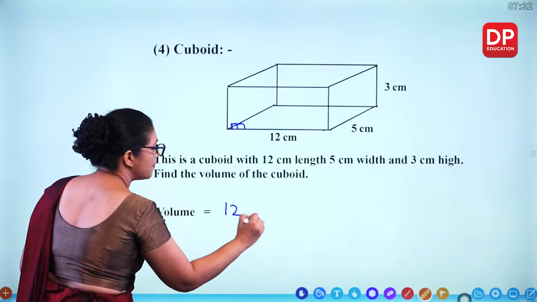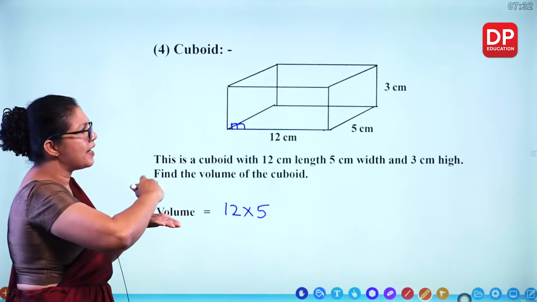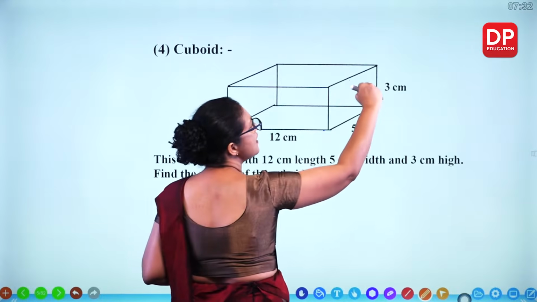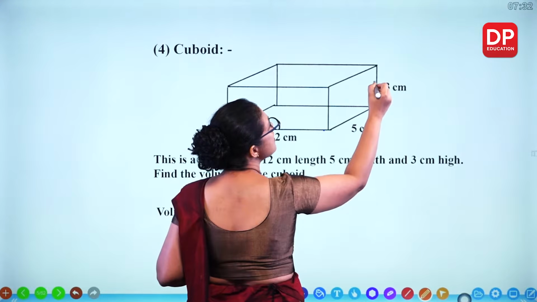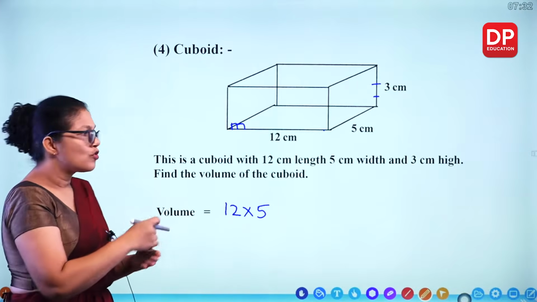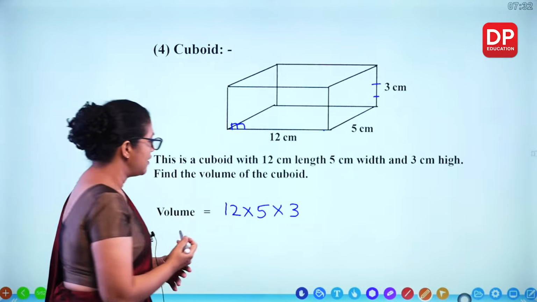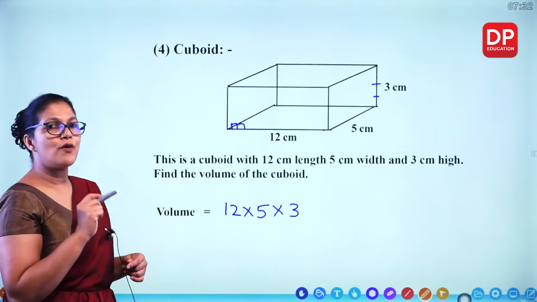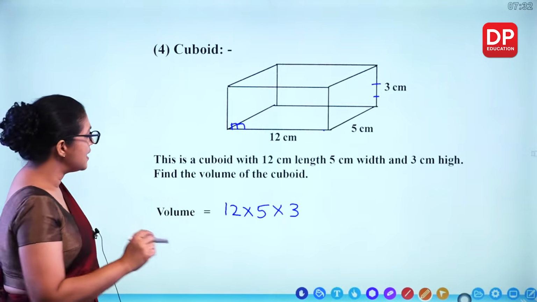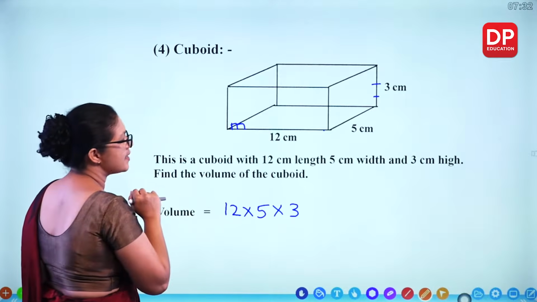So when you take the base, altogether how many 1 cubic centimeters can you fit? 12 times 5. Then you have to keep 3 layers because this is 3 centimeter. So 3 layers are there, so you multiply by 3. How can we find the volume of the cuboid? Length times width times height.